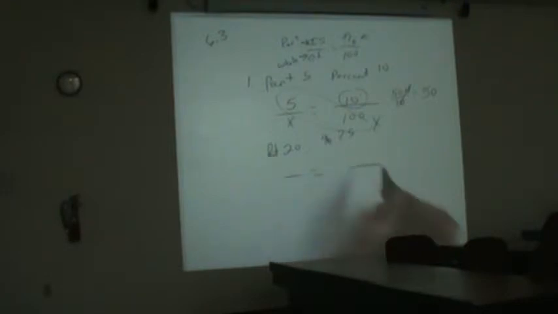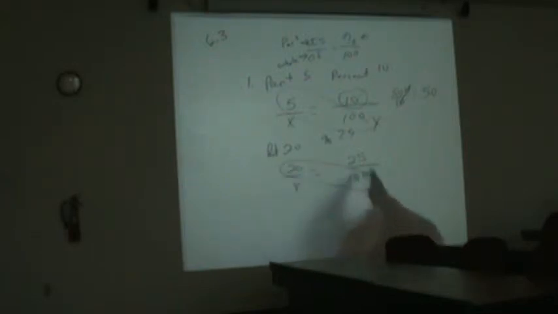Okay, 500 divided by 10 is what? 50, right? Divide by 10, it drops a 0. 50 over 1 is 50. Okay, what if the part is 20 and the percent is 25? Part goes up here, percent goes up here.